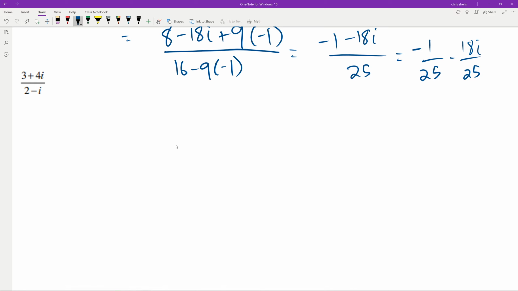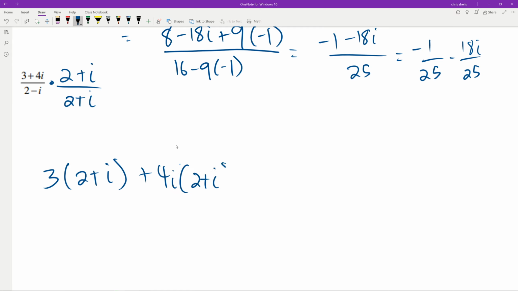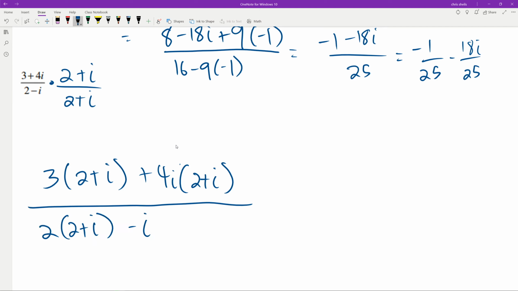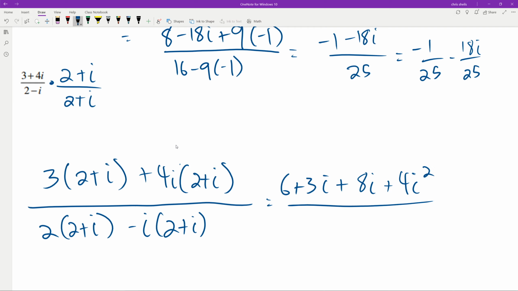And the next one, I multiply top and bottom by 2 plus i, because that's the complex conjugate of this denominator. This gives me 3 times 2 plus i plus 4i times 2 plus i all over 2 times 2 plus i minus i times 2 plus i. This is 6 plus 3i plus 8i plus 4i squared all over 4 plus 2i minus 2i minus i squared.